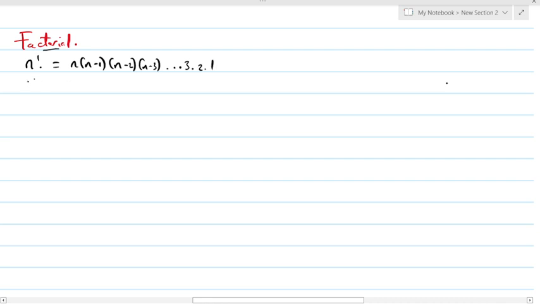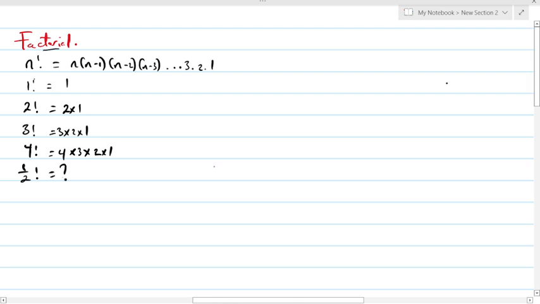If you have 1 factorial, you have 1. If you have 2 factorial, that will be 2 times 1. If you have 3 factorial, that will be 3 times 2 times 1. If you have 4 factorial, that will be what? And then you get that 4 times 3 times 2 times 1. Good. But what if you have half factorial?